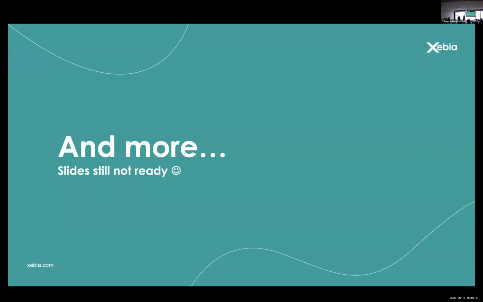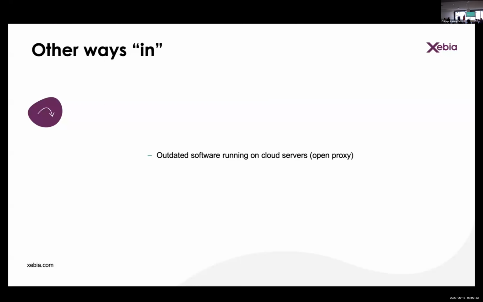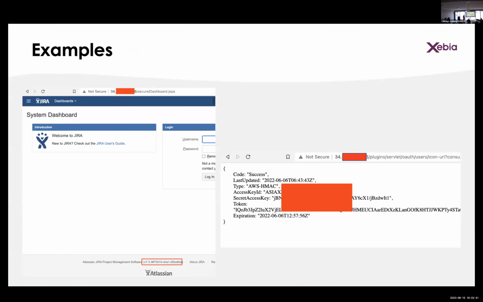This slide was created like a year ago, and the slides are still not ready, but let's do that. First of all, outdated software running on cloud servers, and this example is my favorite Atlassian product, Jira, in an old version running on EC2. Old versions of Jira, Confluence, and probably even Bitbucket had a problem with one of the plugins: it was working as an open proxy.